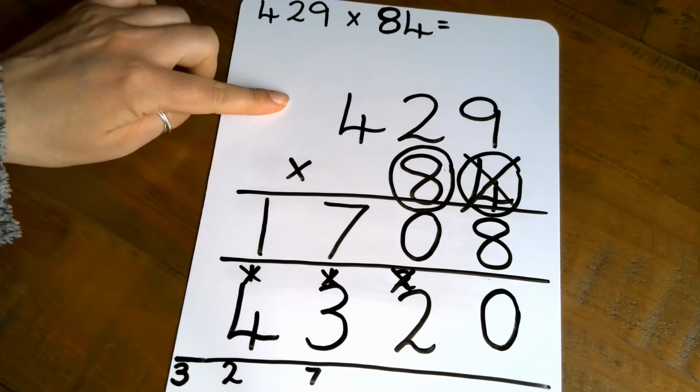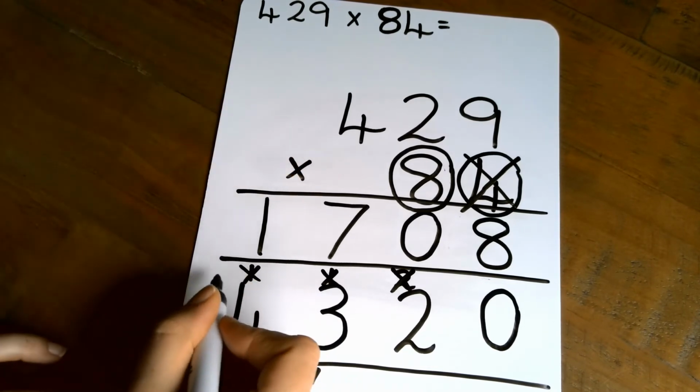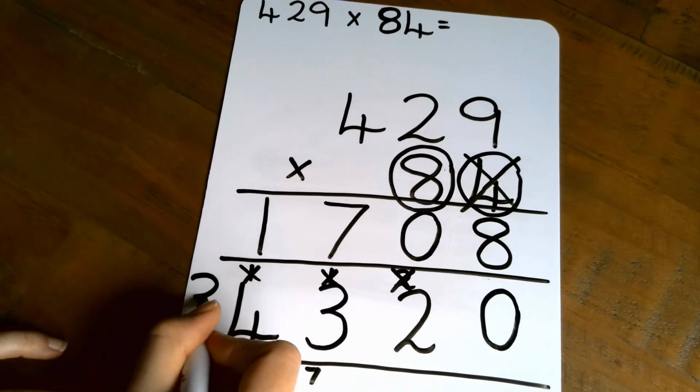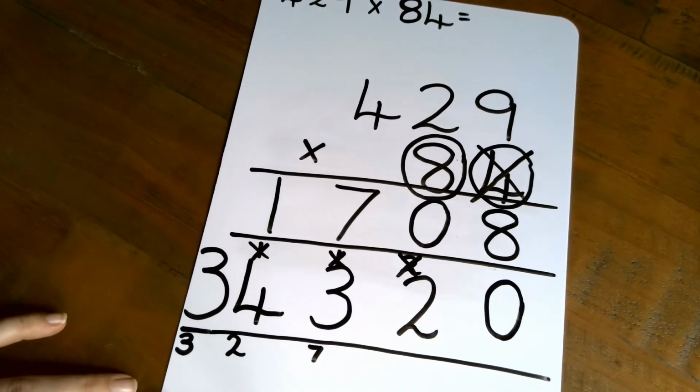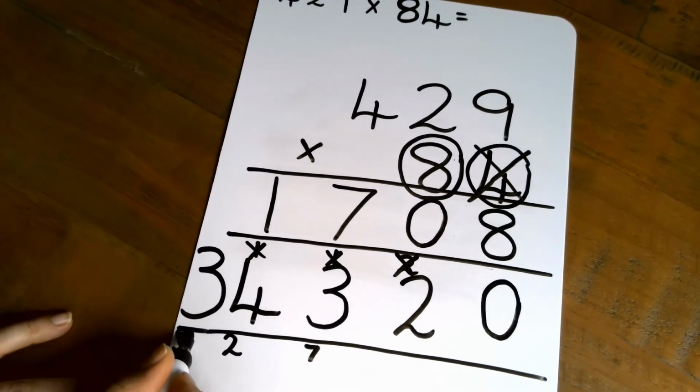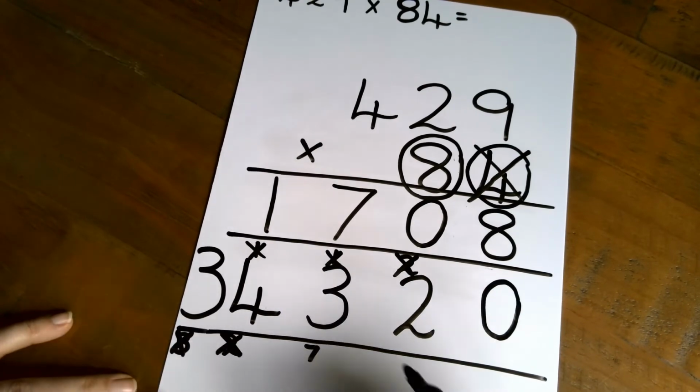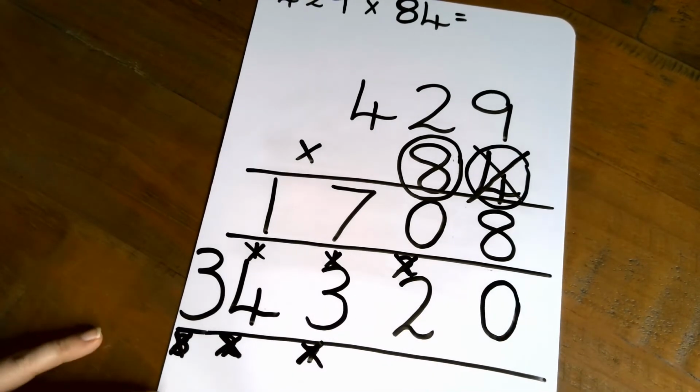I've now multiplied everything by the 80, so this 3 needs to go back up into the right place. I've used this, I've used this, and I've used this.